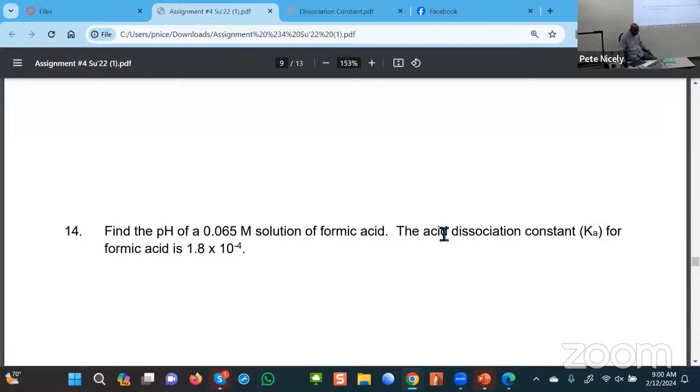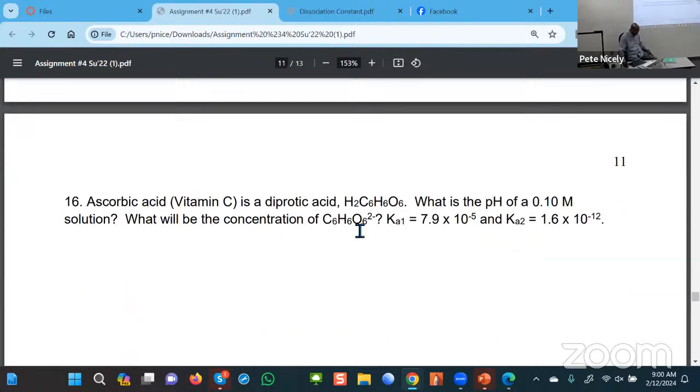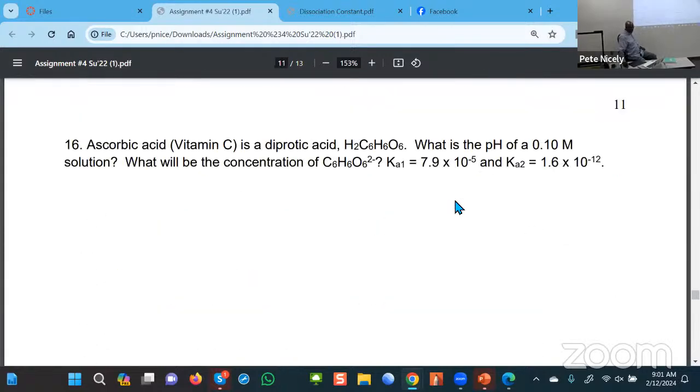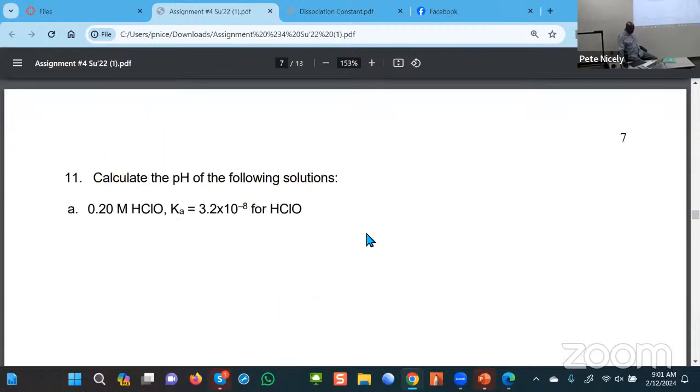You should be able to do number 14, 15. Okay, I would stop there. So pretty much all questions up to number 15, but there's parts of number 11 that you won't be able to do, excepting the A part. So those are the questions that you should be able to do.